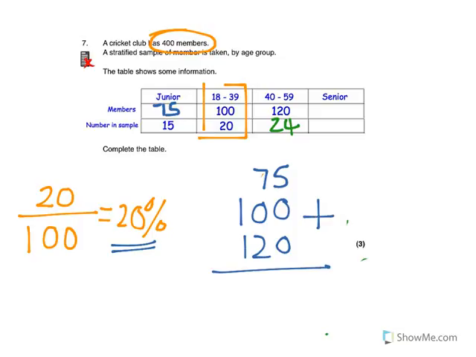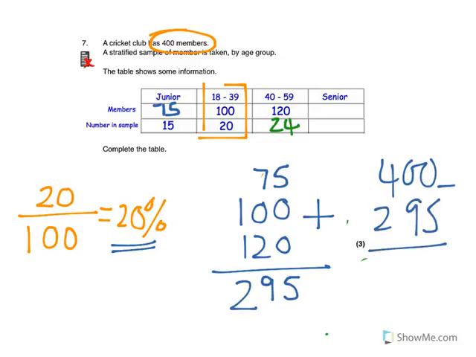So at the minute we have 5 add nothing, 5, 7 add nothing, add 2, 9, 1 add 1, 2. So we have 295 of our total people, and we have 400 people. So that must mean then that we need to do 400, take off that 295, which gives me 105 people left over.